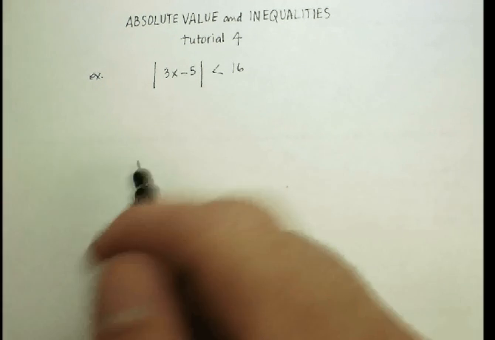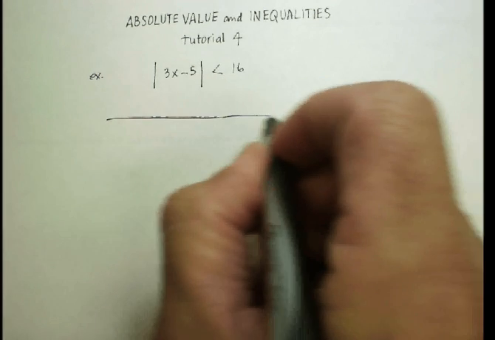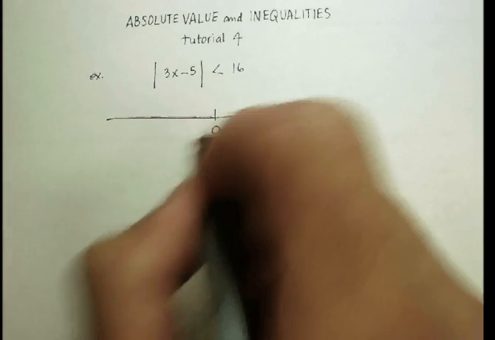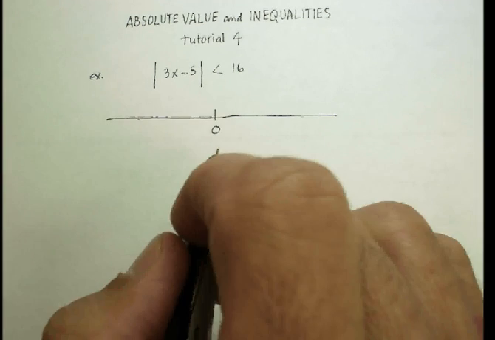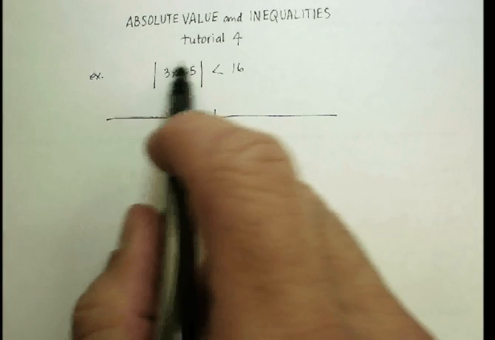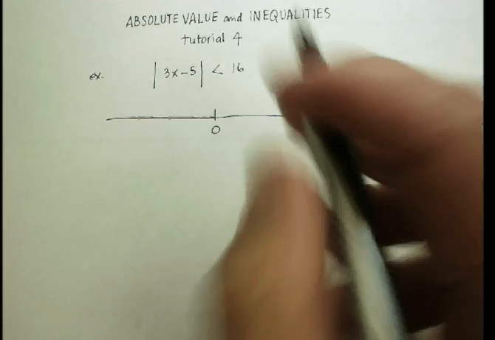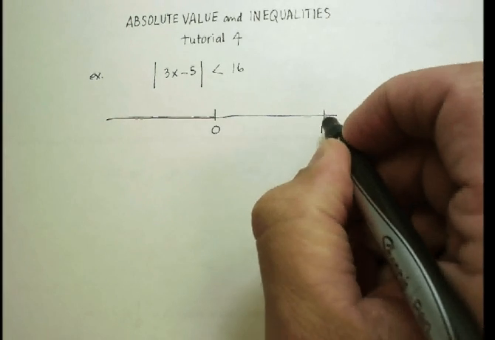Now you remember that an absolute value from tutorial number 1 is defined as the distance from 0, or the number of units away from 0. So for example, if I said my absolute value is equal to 16, I want to go 16 units out, right?